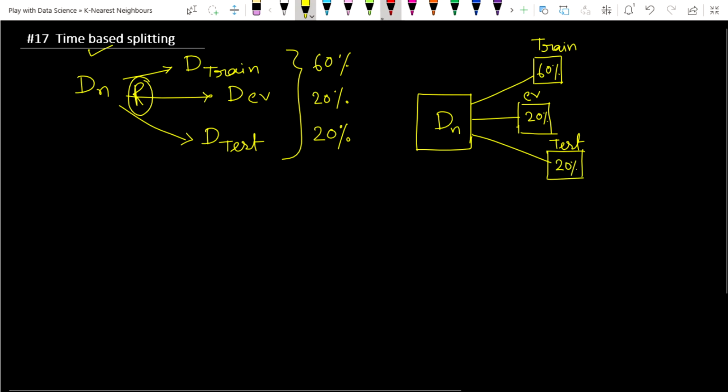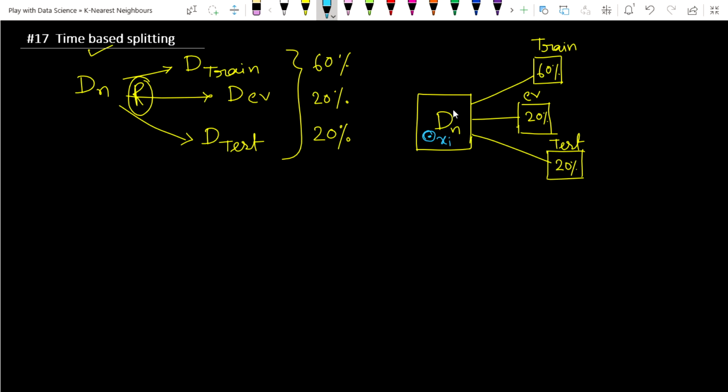What does this mean? If we pick a point, suppose from here, suppose this point is xi. This means the probability of this point lying in the train data set is 0.6. The probability of this point lying in the cross validation data set is 0.2, and the same for the test data set also.